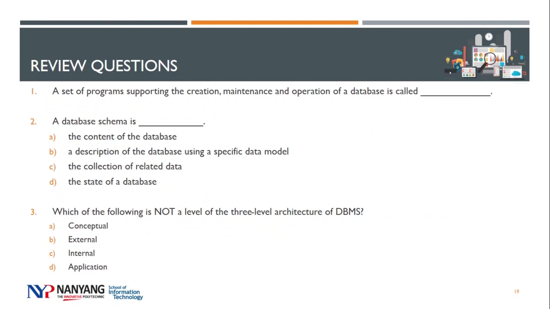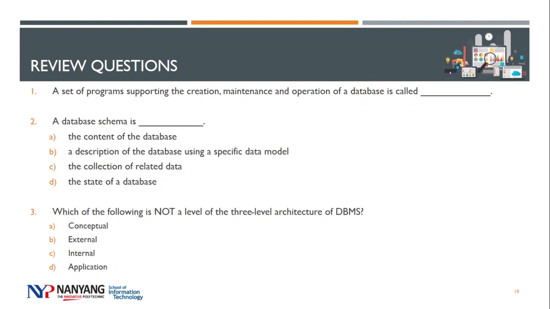Next I have some review questions. A set of programs supporting the creation, maintenance, and operations of a database is called a DBMS, a database management system. The second one: a database schema is a description of the database using a specific data model.